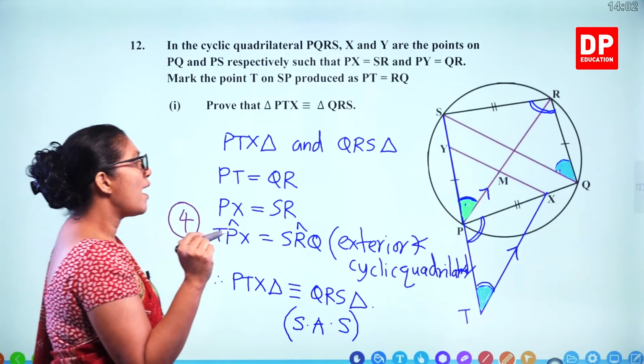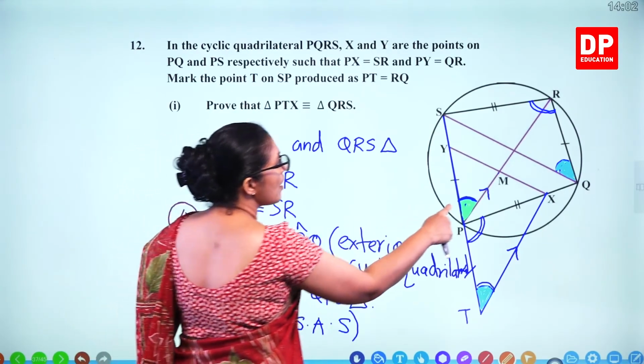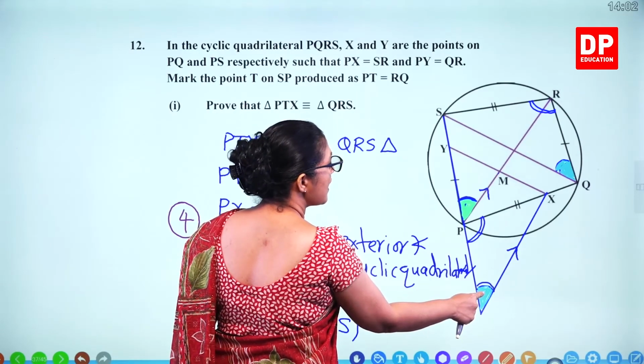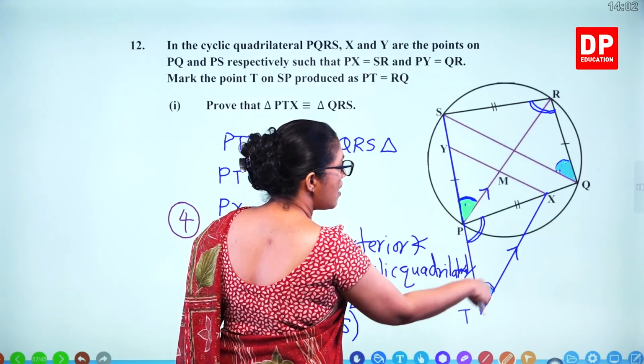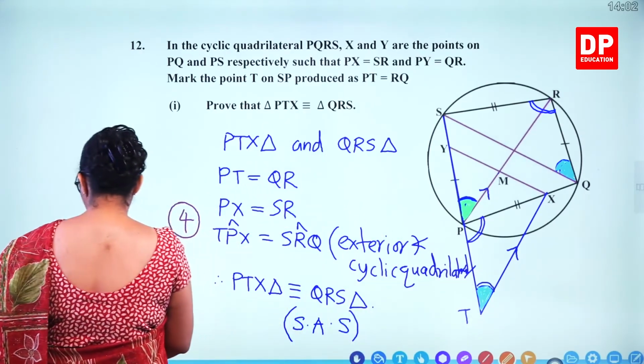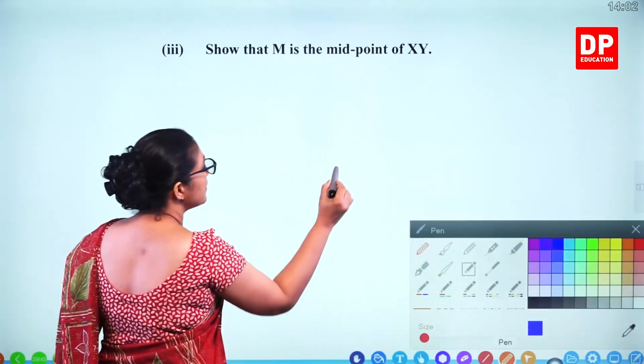So what you have to write? So we have to first write this angle is equal to this angle. That means PR and TX both are parallel.